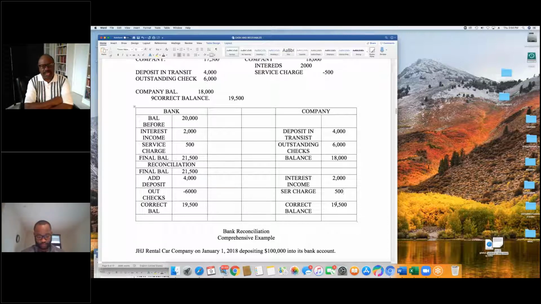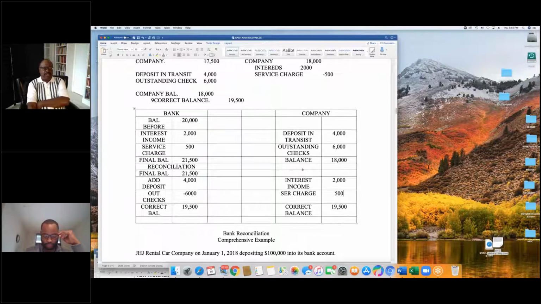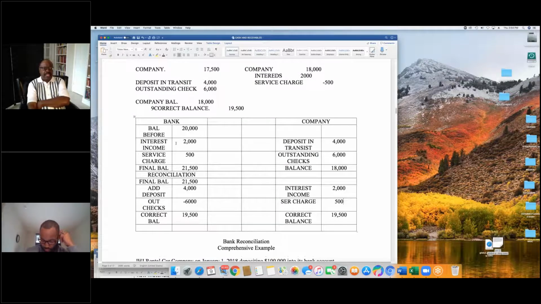So look at this. Like I said, I'll record it and put it up and everything. Not a major type of deal, but just realize that these adjusting items on the bank side, they come over here for the company to be reconciled. The adjusting items on the company side, the deposits in transit and outstanding checks, they come over here for the bank to reconcile its balance so we can get to the correct balance.